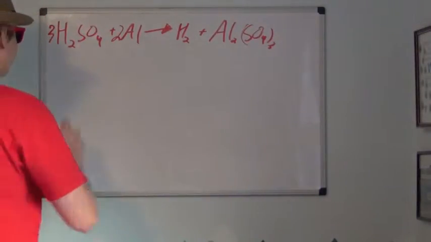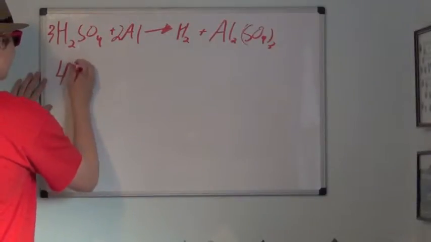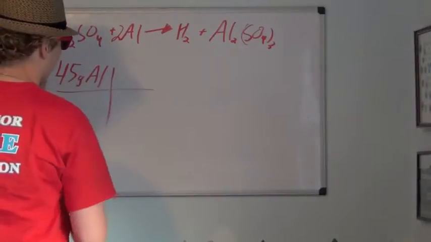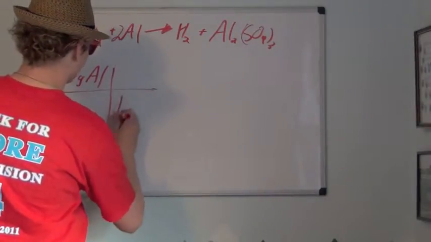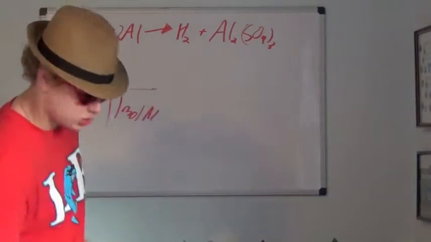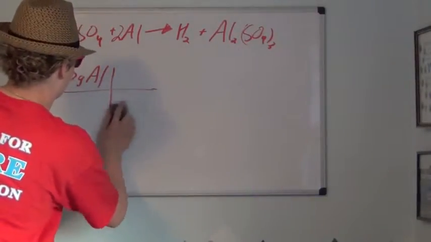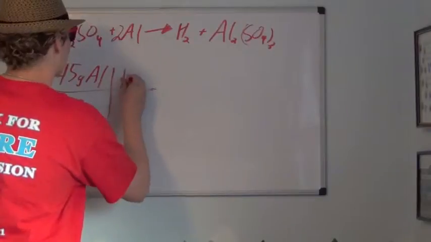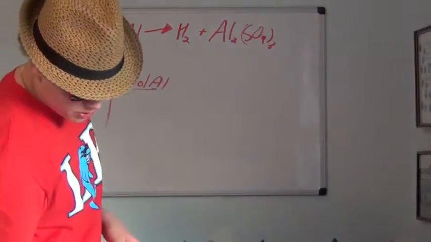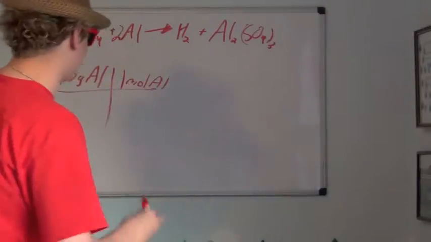So we know that we have 45 grams of aluminum, so 45 g Al. And we also know that 1 mole of Al, that's on the top, 1 mole Al is equal to 26.98 grams.